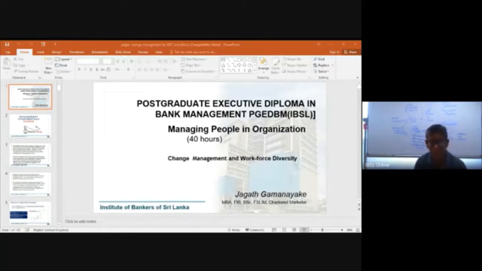So we have identified five basic steps of change management. The first is recognizing the forces demanding change, right? It may be due to an external trigger or an internal trigger.